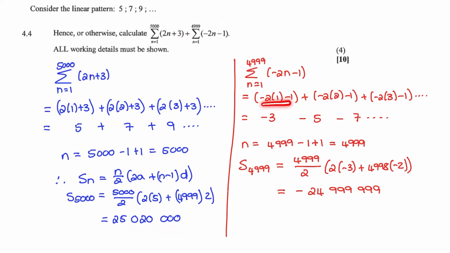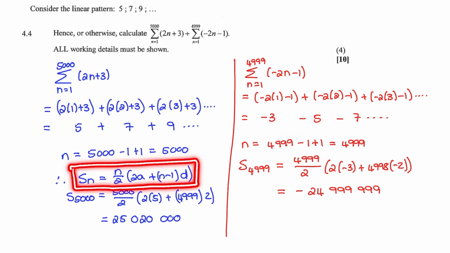And I'll do the same for the second sigma notation. So first I'll expand to find the first 3 terms, which is -3, -5, and -7. Then I find the number of terms by taking the top number in the notation minus the bottom number plus 1. So there are 4,999 terms in this series. I also can see that there's a constant difference of -2 between terms.